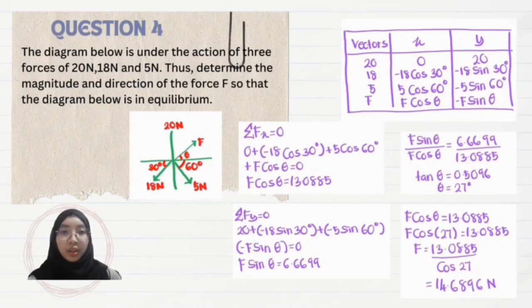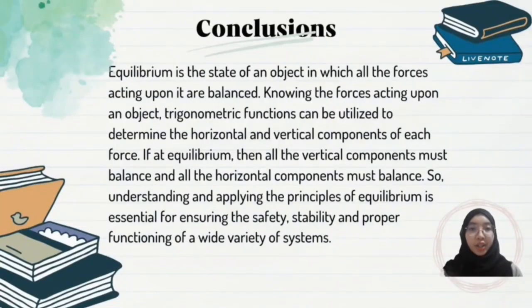F cos 27 equal to 13.0885. F equal to 13.0885 over cos 27. Therefore, the answer is 14.6896 Newton.